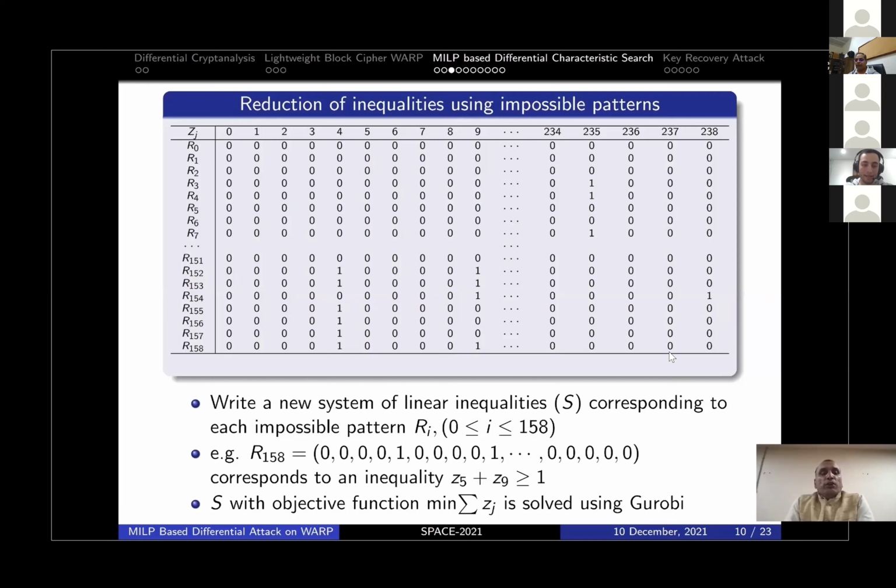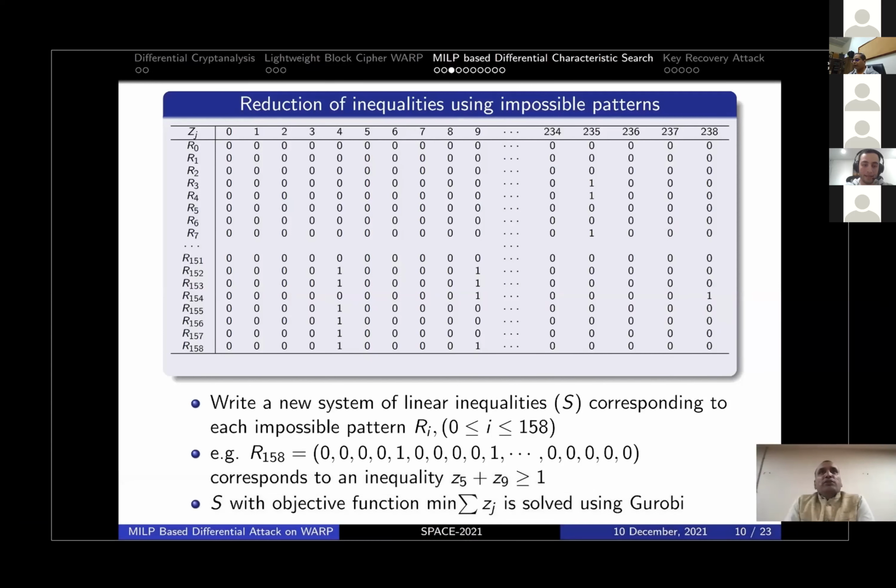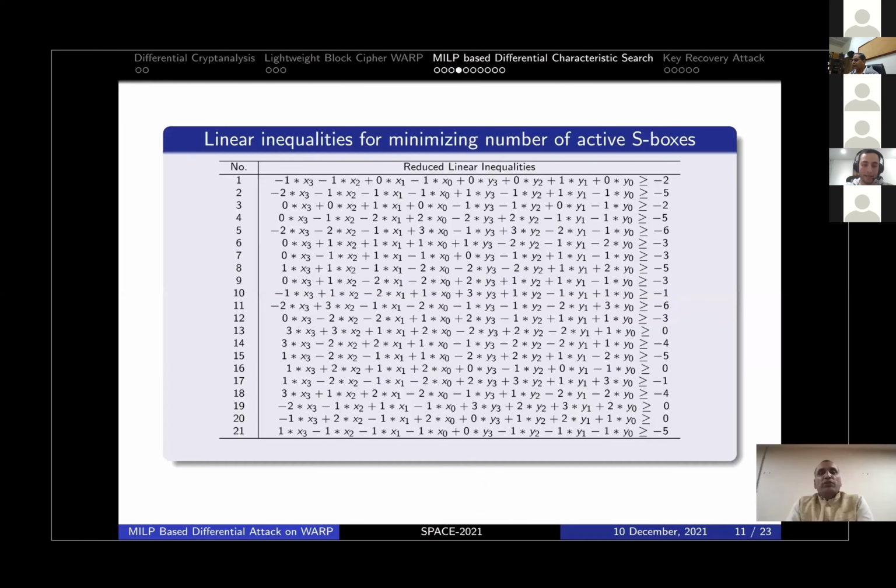The objective function is to minimize the number of inequalities, and we select the inequalities which exclude the maximum number of impossible points. By solving this system using Gurobi, we get 21 linear inequalities which are used in module 1 to minimize the number of active S-boxes.